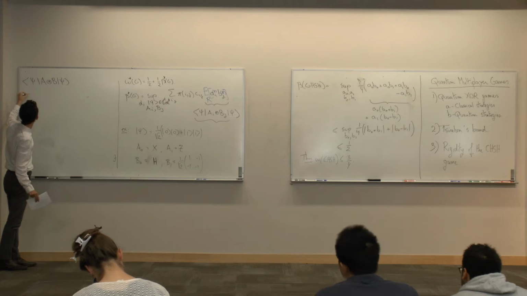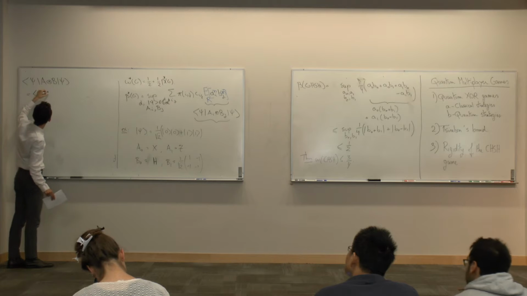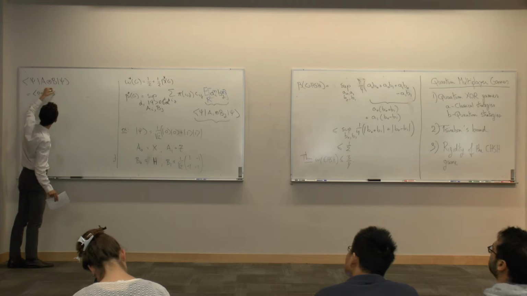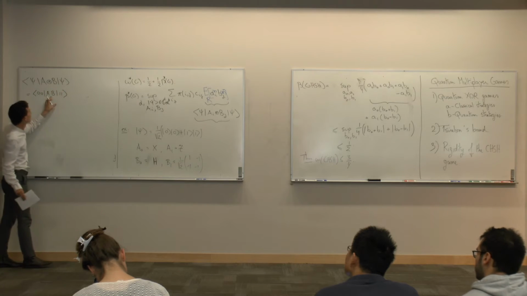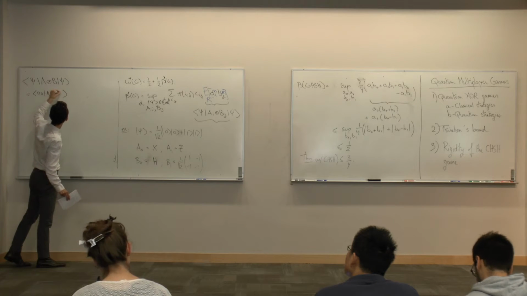So let's just expand it out, the cross product. What I get is <00| AB |00> plus the cross terms, <00| AB |11>, plus <11| AB |00>, plus <11| AB |11>, and I forgot the 1 over root 2's, which become a half overall. AB can be anything. I just use the definition of psi and expand the whole thing, and so I get this expression. I'm a little sloppy, I'm not writing the tensor product, but it's shorter this way.